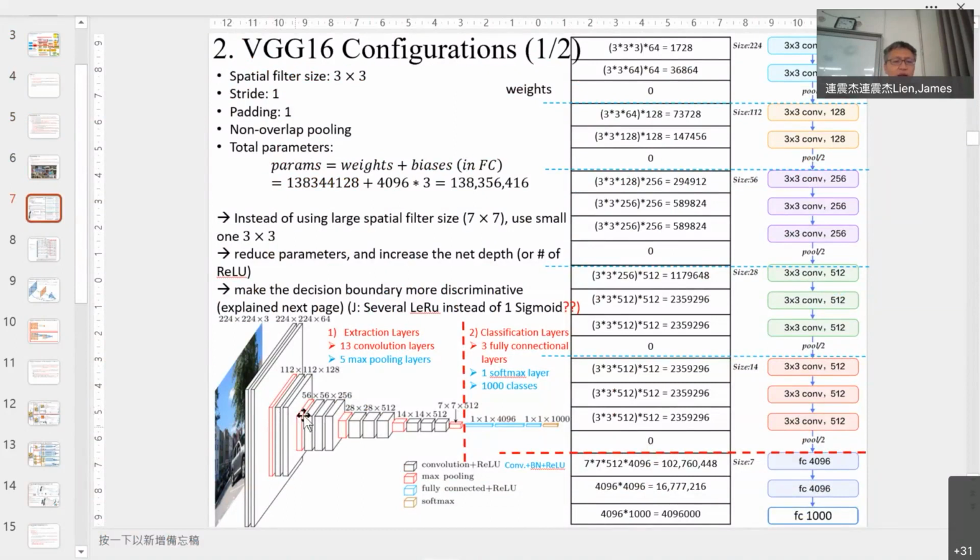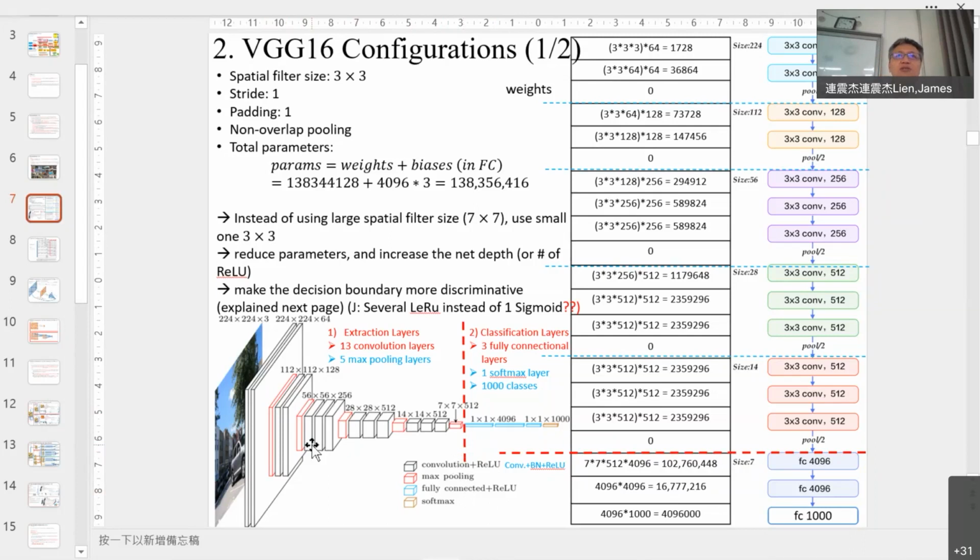The red one is the maximum pooling. Usually, sometimes people say maximum pooling is 1 layer, but sometimes we don't call it a layer, just downsampling. When you count, it doesn't matter too much.